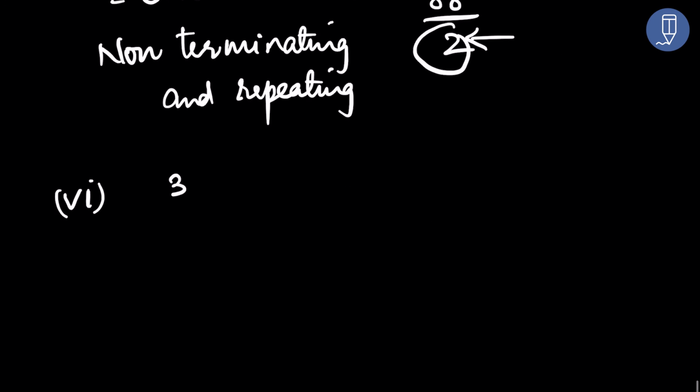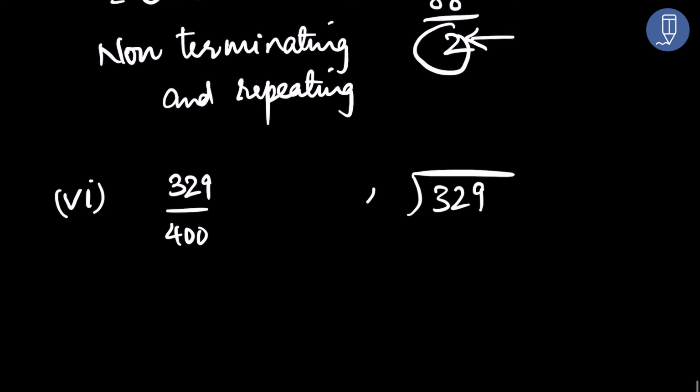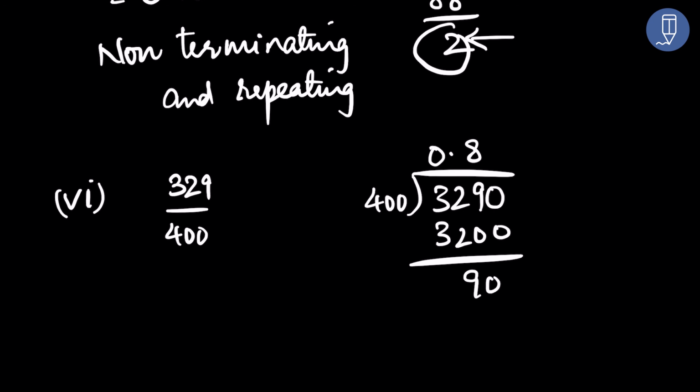Okay, last part now. This is 329 upon 400. Let's do 329 divided by 400. 329 is smaller than 400. That means we need to bring a 0 here. For that, we write down 0 point here. Now 400 into 8. This gives you 3200. This gives you 90. So we put 0 here. 400 into 2 gives you 800. Remainder is 100.